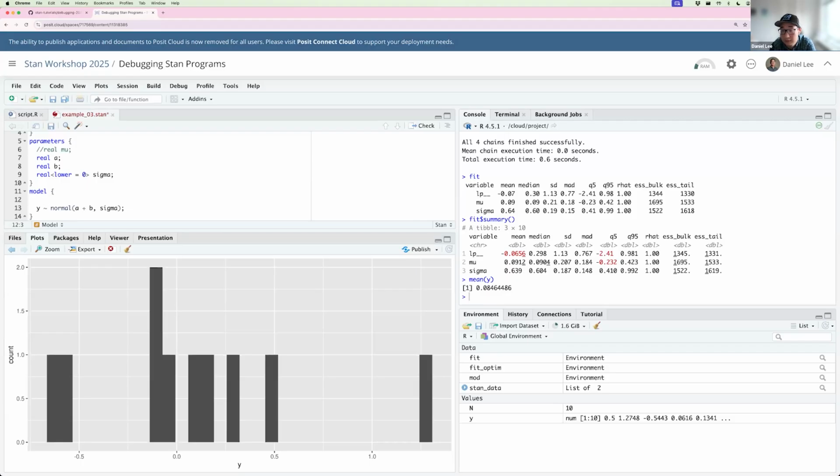Stosh, what's an informative prior here? Very informative. All right, let's do that. Do we need to add both? I actually don't know. Let's check it out.